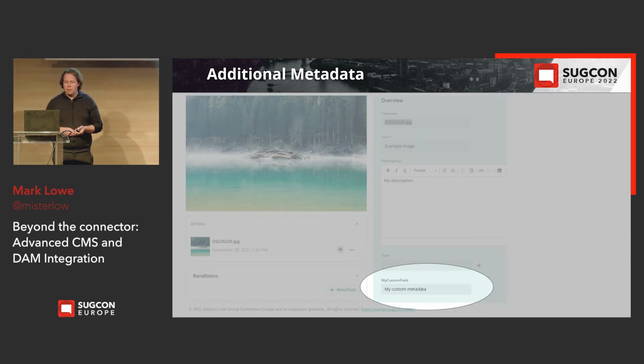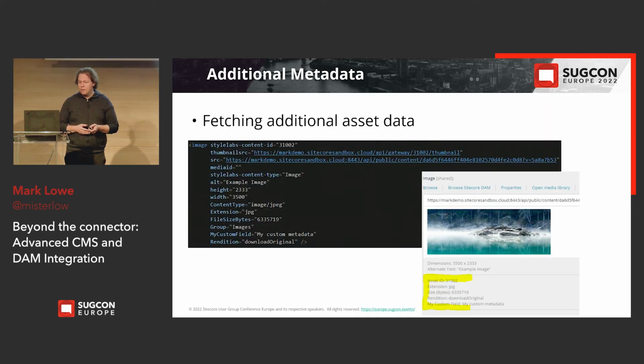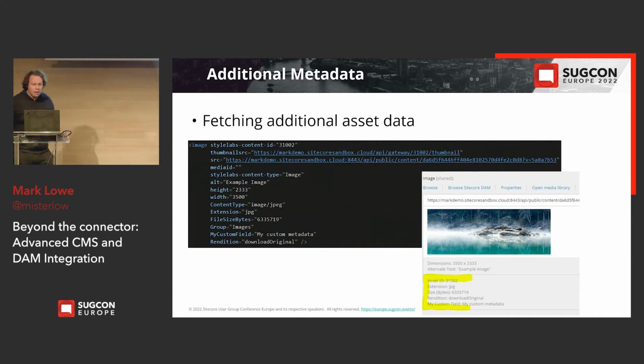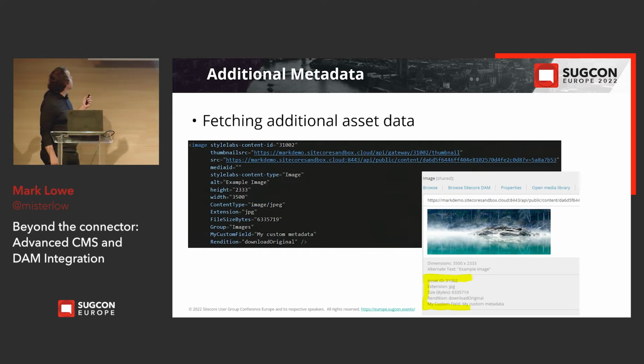What if I want some specific field of my schema also be mapped over to the CMS because I want to display it on the web page? You can do that. You can extend this snippet to add more custom fields, basically as many as you like.